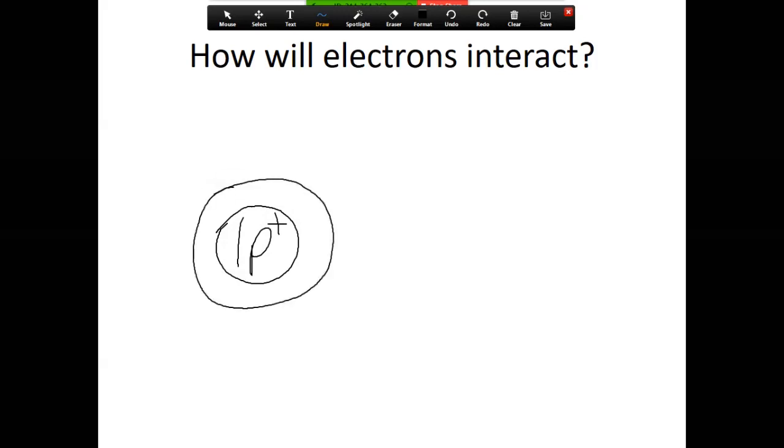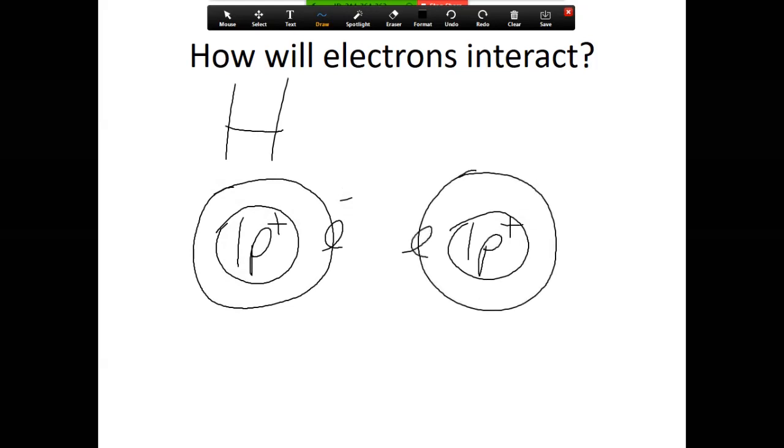Therefore, I know that I need to have one electron. And this atom on the periodic table, you look it up, you would find it's hydrogen. Then I'm going to draw a second hydrogen right next to it. So here these atoms are. They're face to face. And is either one of these atoms stable? The answer is no. Their valence shells are not full.